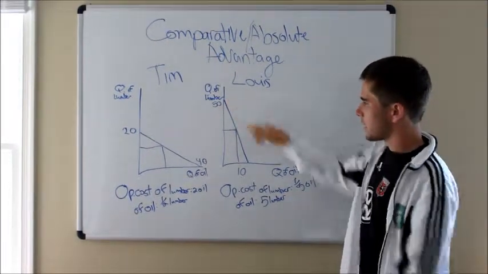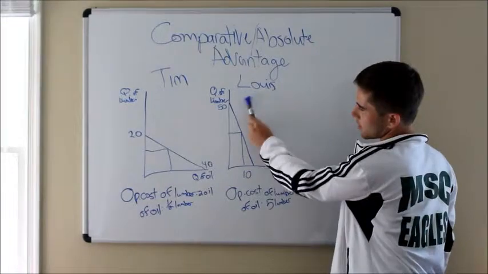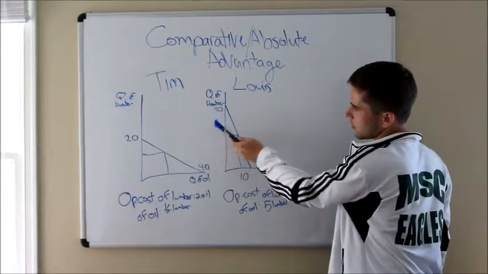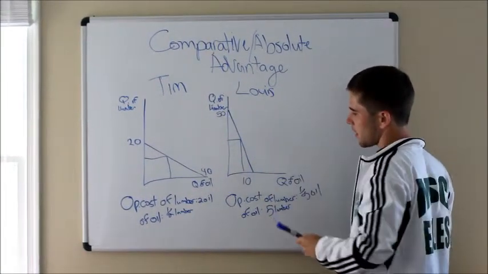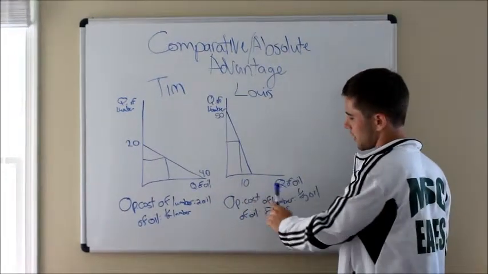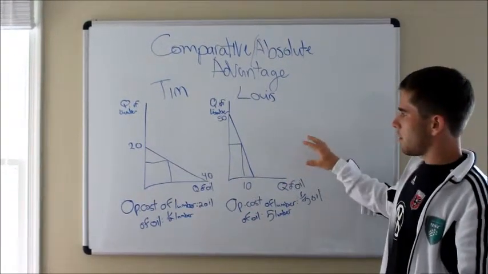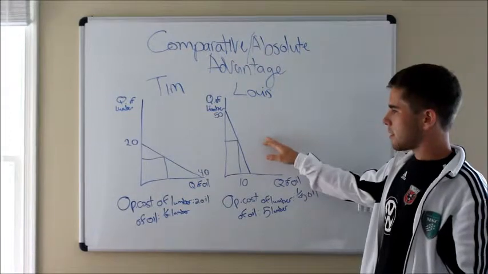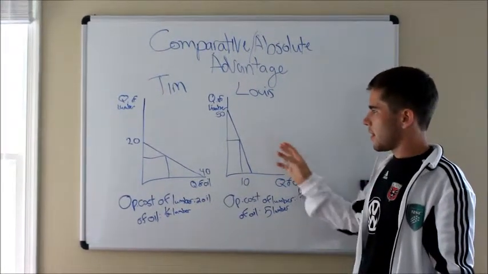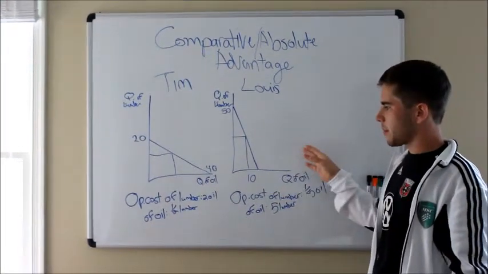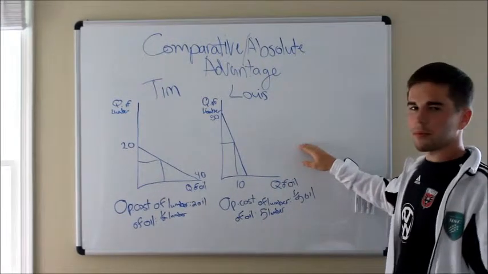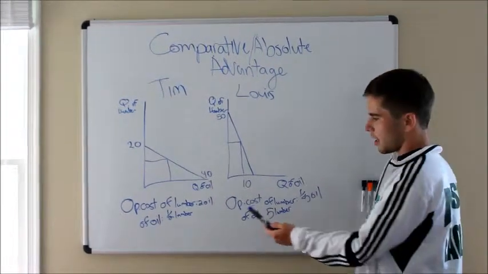This is if they specialize, they'd be at this point. If for instance Lewis specialized in lumber, he'd produce 50, and he would not produce any oil. So in order to maximize their production, they would want to trade and specialize, but first you have to figure out their opportunity costs. So I already did the math.